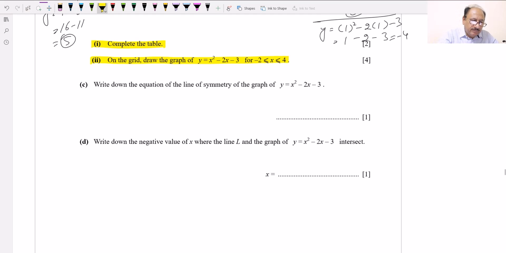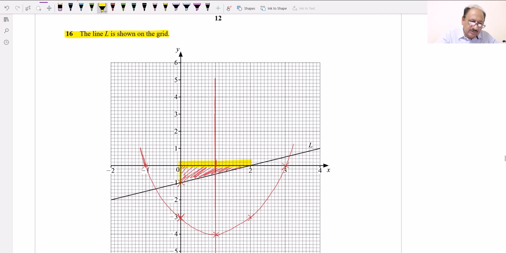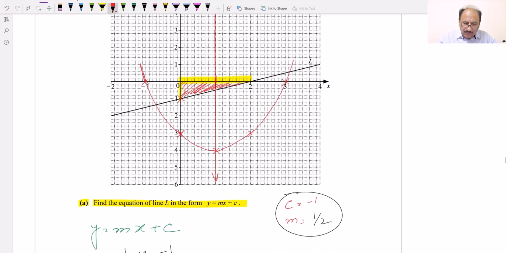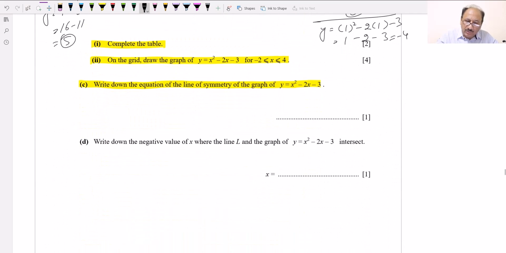Then the C part says write down the equation of the line of symmetry of the graph, which we have already drawn. The equation of this line of symmetry is x is equal to 1, so we write here x is equal to 1.